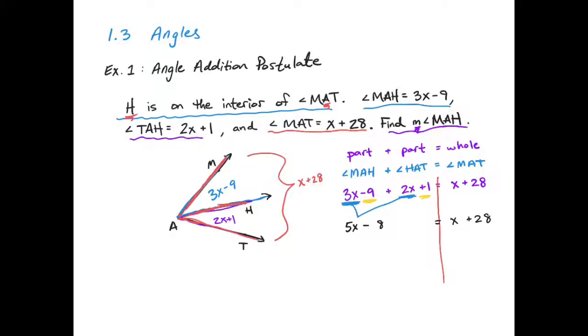So now after simplifying by combining like terms, I can get all my x's on one side of the equation and all my numbers on the other. So I'll subtract x. And 5x minus x is 4x.